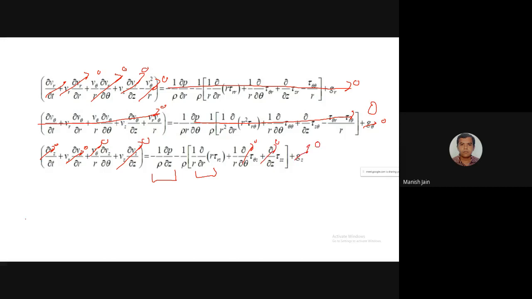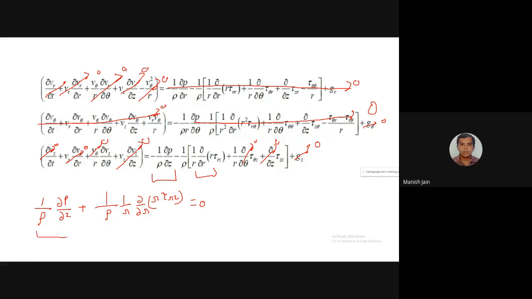Okay, so you have the equation: 1 by rho del p by del z plus 1 by rho 1 by r del by del r of r tau rz equal to 0.